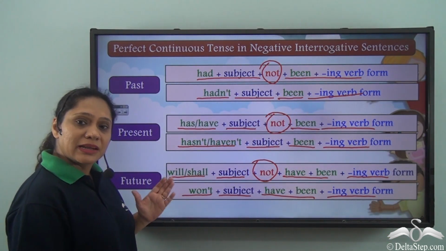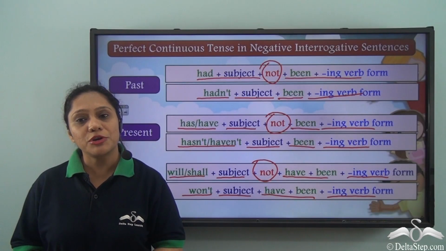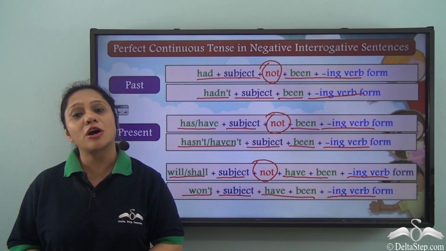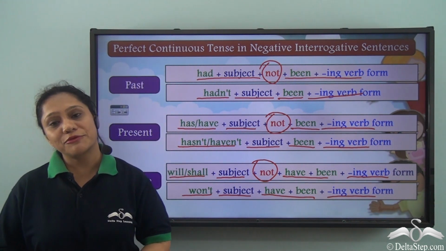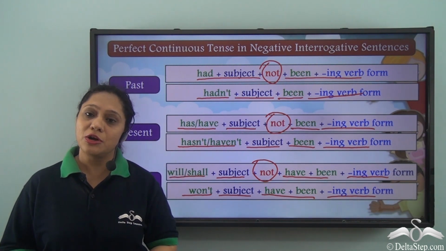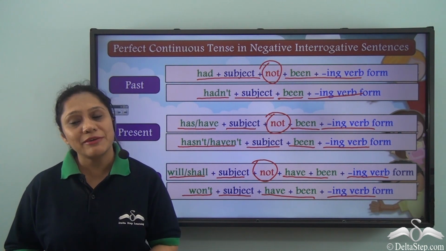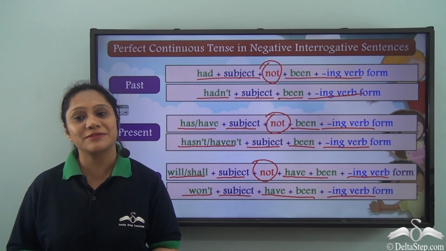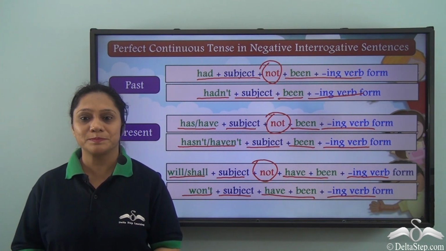Now remember that we never use the contracted form of shall not. So now you know the various forms of interrogative sentences portraying the perfect continuous tense in the past, present and future. You have already learnt about declarative sentences and today we have learnt about interrogative sentences. So you should be very comfortable working with them.